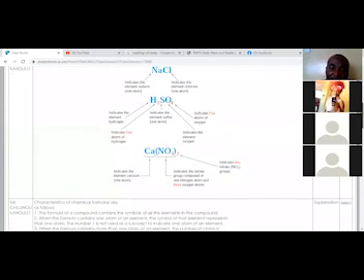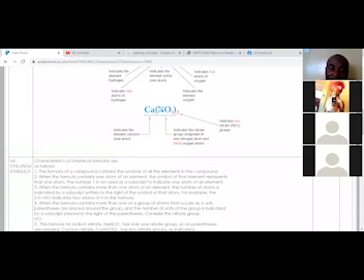Then for the nitrate, this one is a nitrate. All of it is a polyatomic ion, so you treat it as a single entity. You always write these polyatomic ions in brackets, and then you indicate the 2.